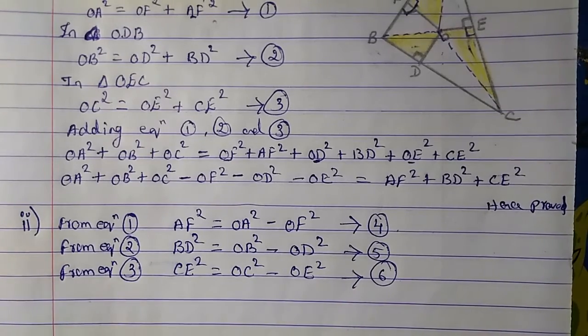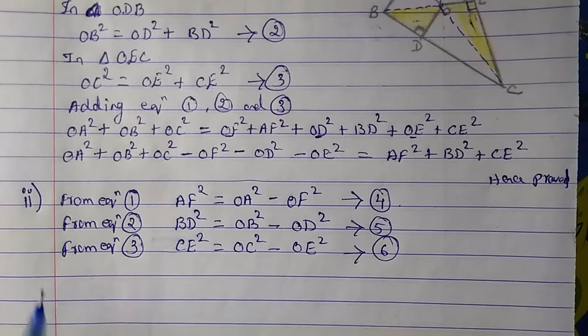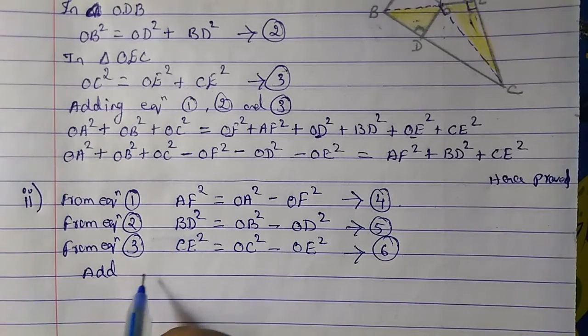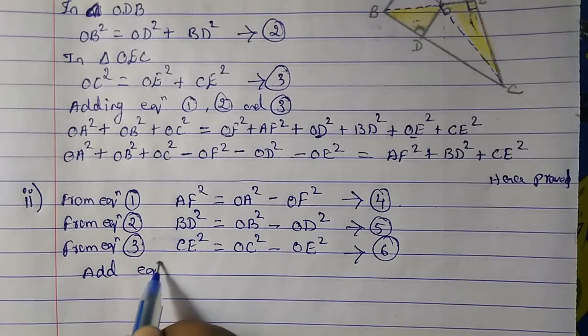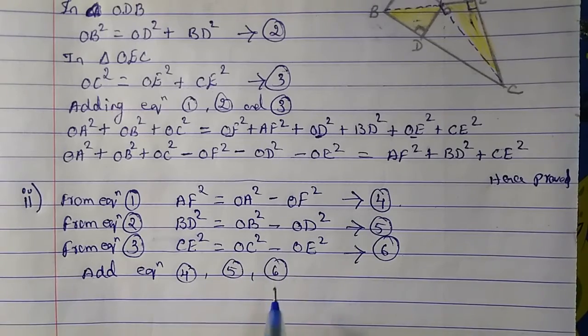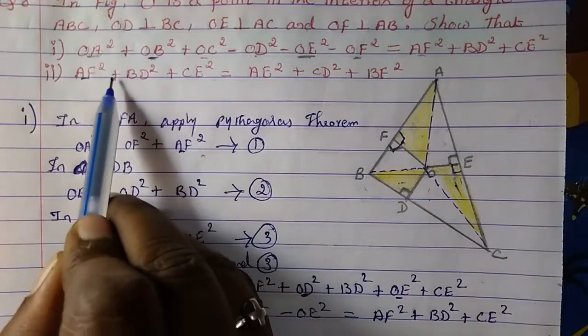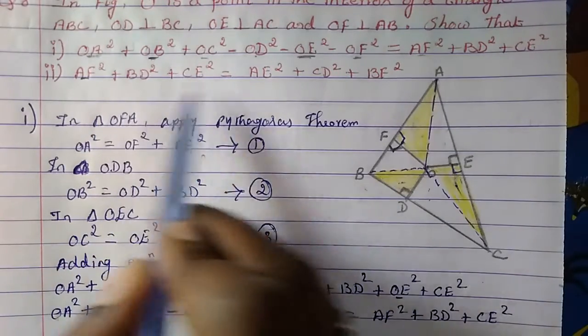Okay. Now what will we do? Add all three equations, 4, 5 and 6. Why do we have to add? Because here it is given plus, plus, so we have to add. Here also plus is there. That's why we are adding them.